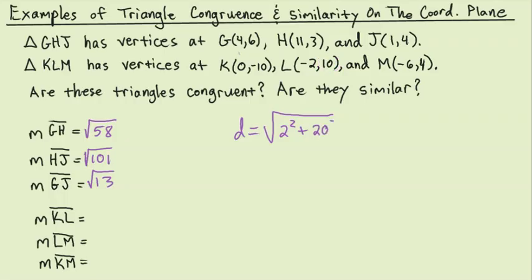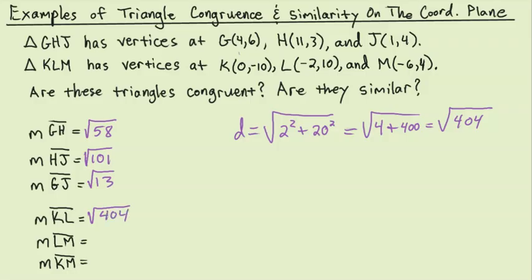So that's 20 squared, and so that's going to be the square root of 2 squared is 4 plus, what's 20 squared? Well, you may need a calculator for that, but I can tell you that 20 squared is 400. All right, so that's going to give us the square root of 404.